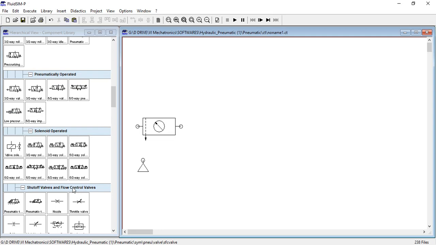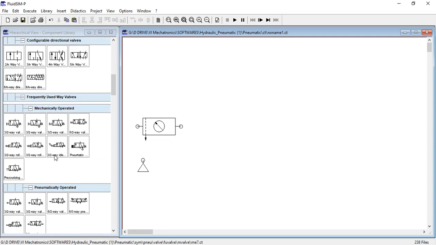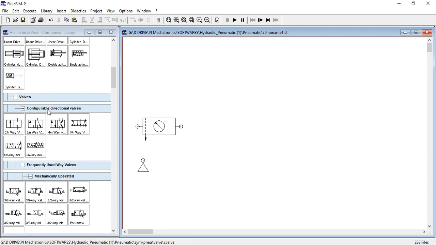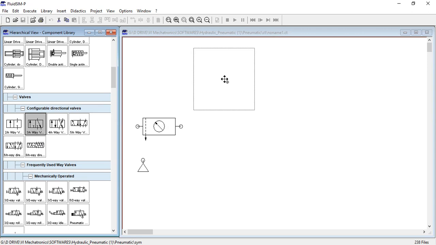Basically, what we are going to use are limited ones, and that is nothing but this configurable direction control, because I will show you how to configure it according to the need of a user. Okay, so basically, the first valve that is used is nothing but this, the 3 by n valve.